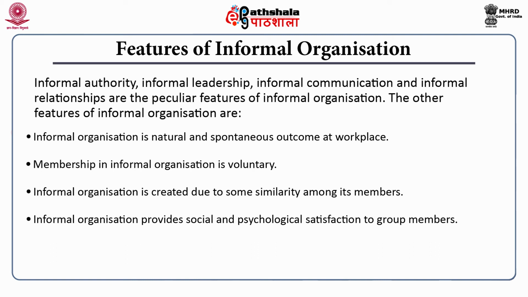Behavior of group members is controlled by group norms set by informal group or organization. Informal organization is unstable in nature. At one time, one can be a member of several informal organizations existing at workplace.